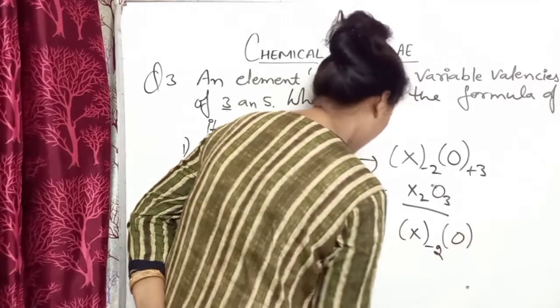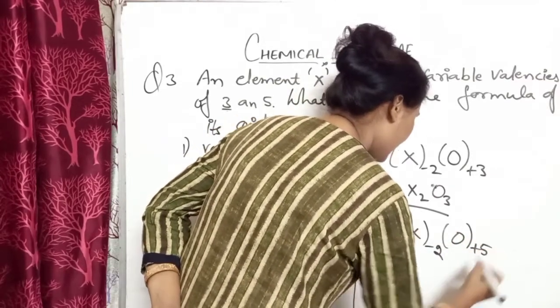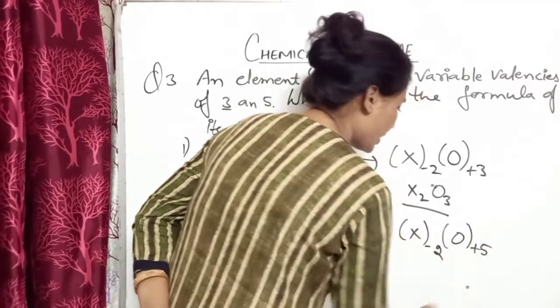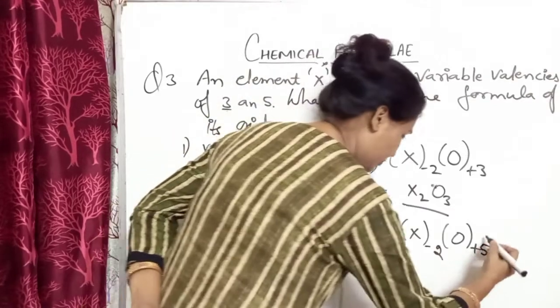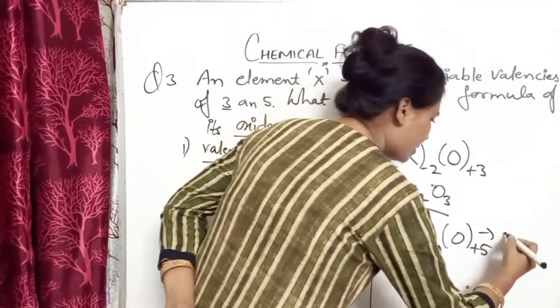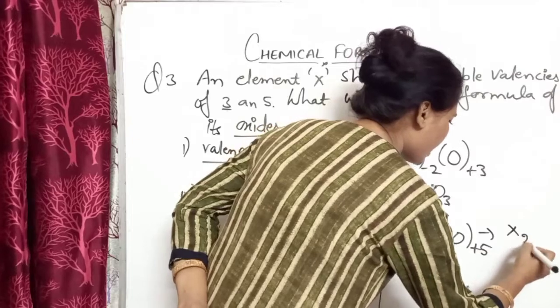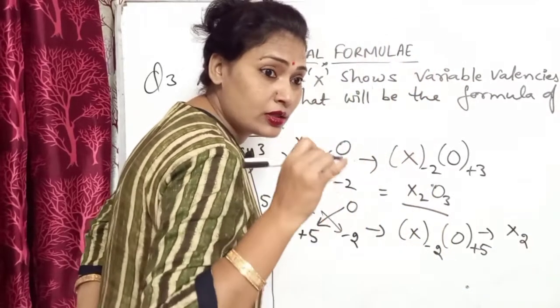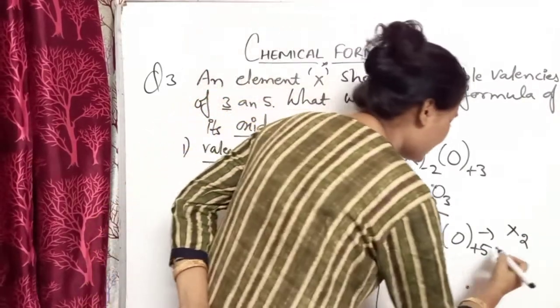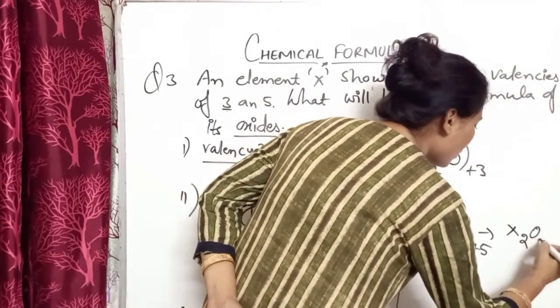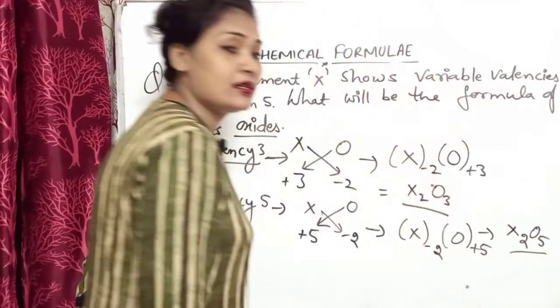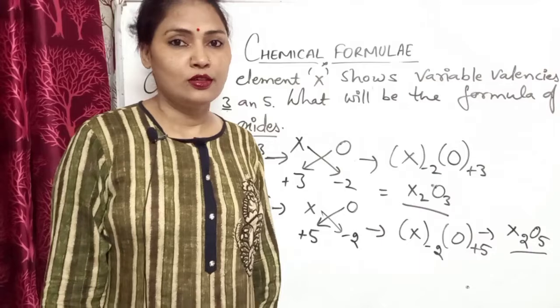Along with O 5 and along with X 2 will come. If there is a minus and plus, omit the minus and plus, you will write X2O5. This is the second formula. Okay.